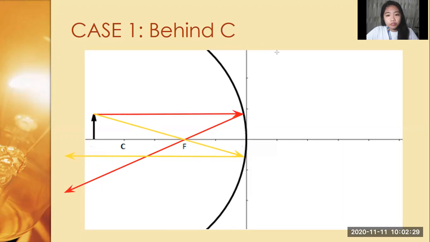For SR3, I'm going to use green. Starting here again, passing through C. And yes, somehow it intersected. Then going back again. So it's the right path.